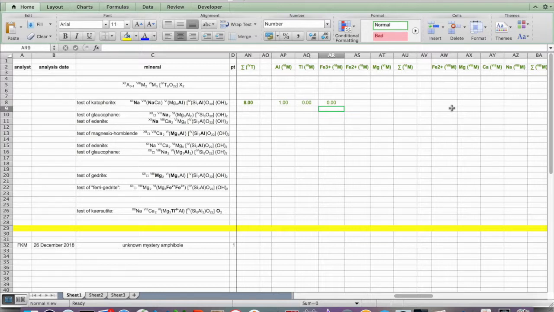Now, I don't know if I necessarily have a good justification for this. I think you could probably argue that you could put magnesium in first and then fill the remaining space with iron, and then move iron over into the next site.